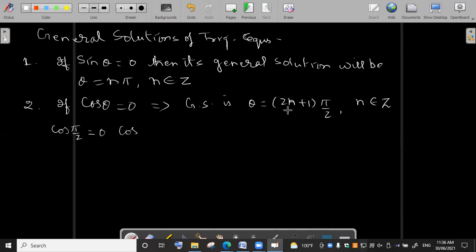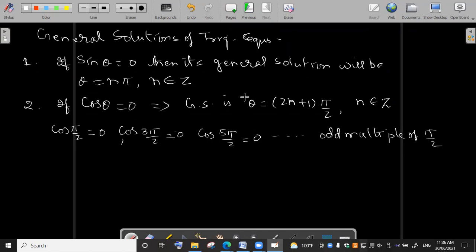Cos 3 pi by 2 is also 0. Cos 5 pi by 2 is also equal to 0. That means odd multiples of pi by 2 are all 0. So that's why we have this formula for cos theta.